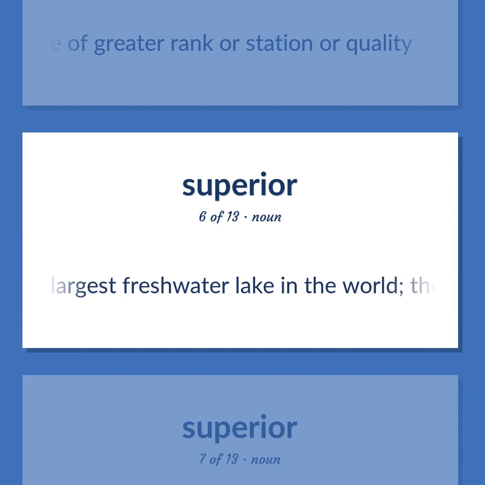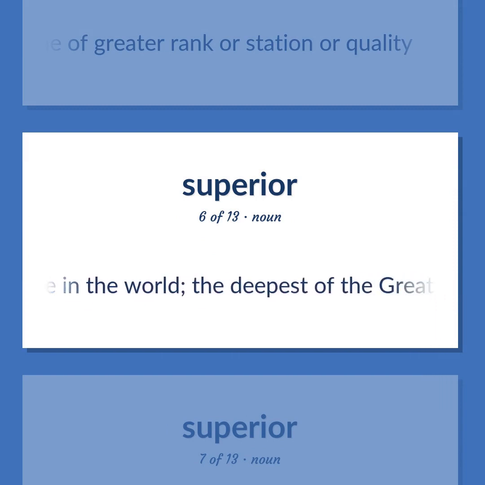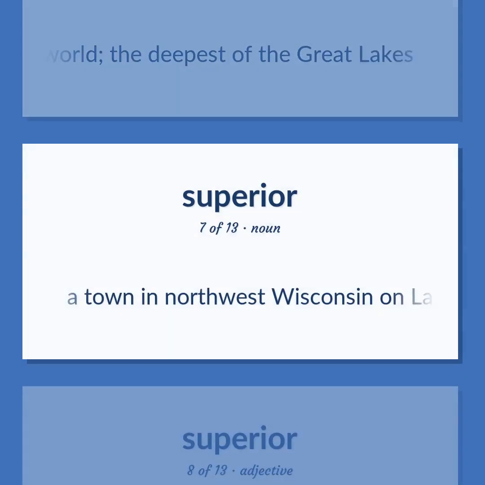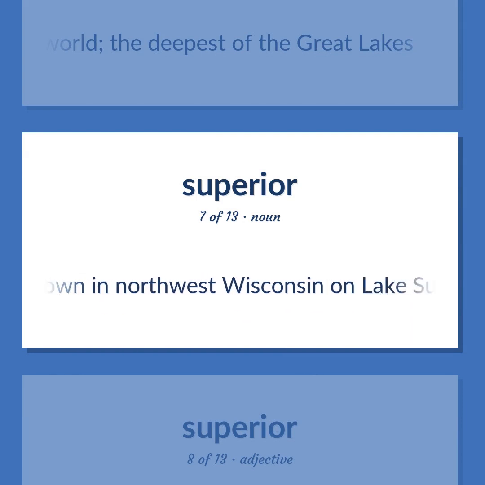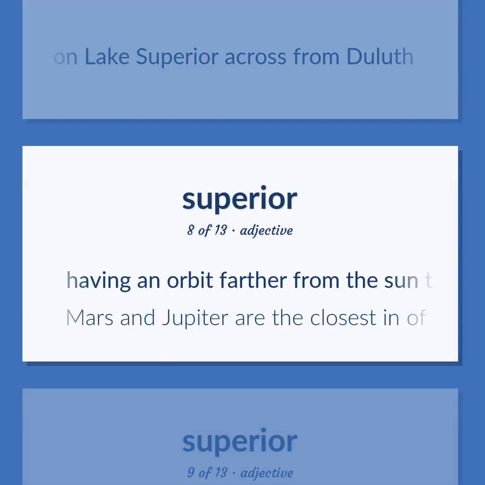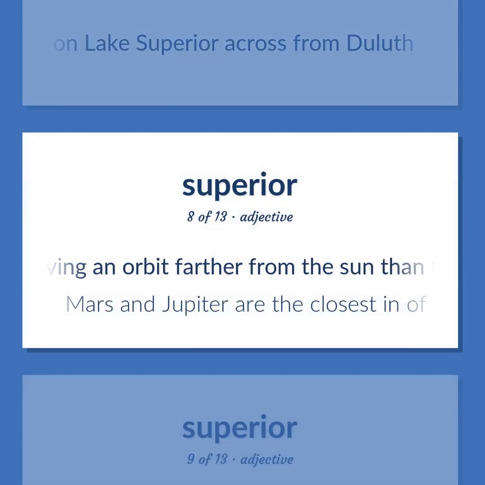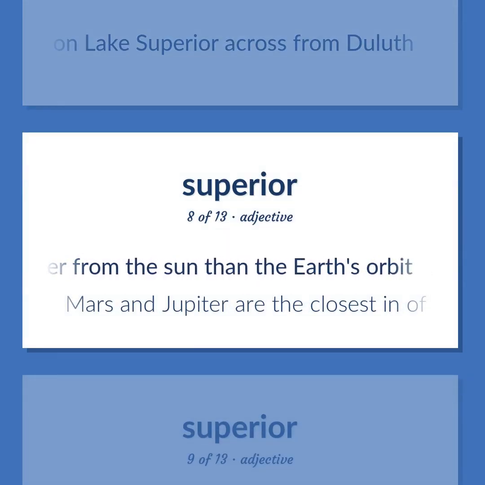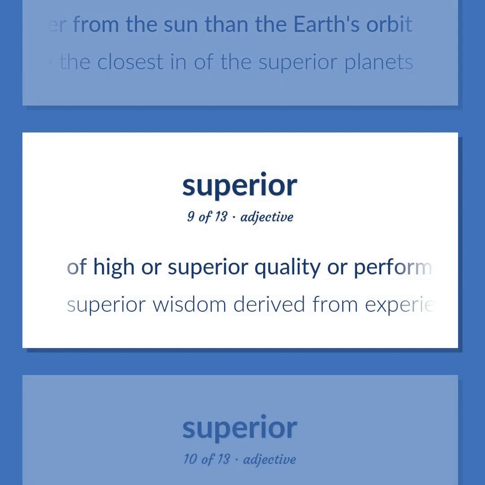The largest freshwater lake in the world, the deepest of the Great Lakes. A town in northwest Wisconsin on Lake Superior across from Duluth. Having an orbit farther from the Sun than the Earth's orbit. Mars and Jupiter are the closest in of the superior planets. Of high or superior quality or performance.